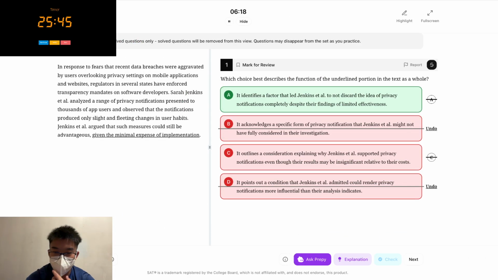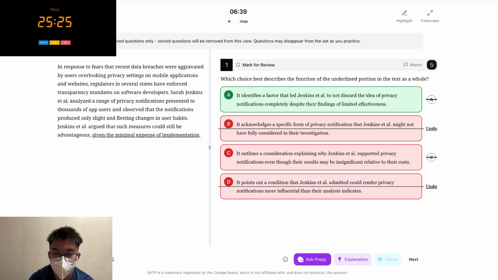Anyways, for C, I think for C consideration, explain why it can support privacy notification. Notification outline is cost.